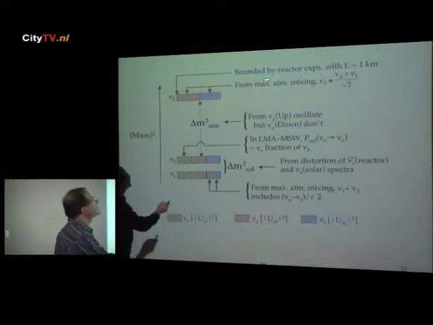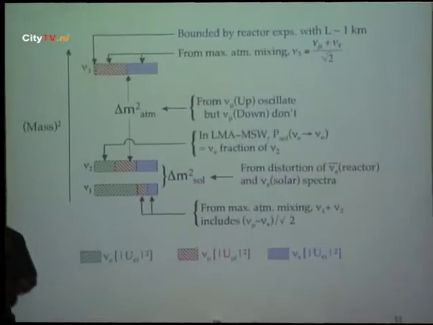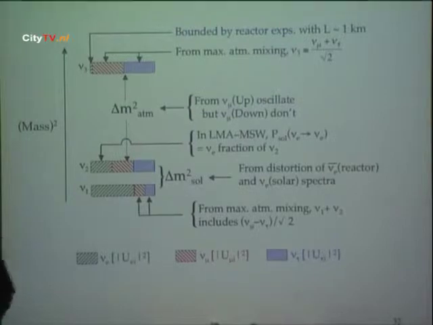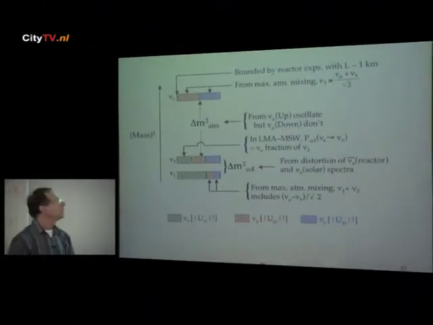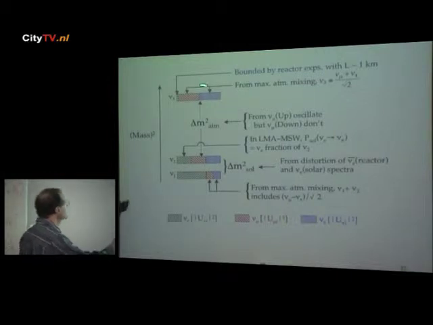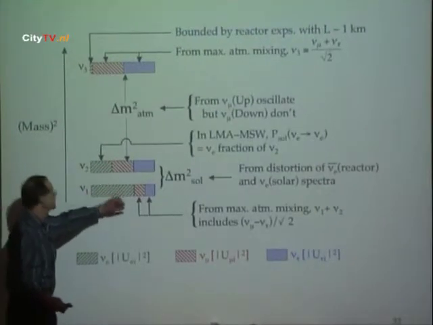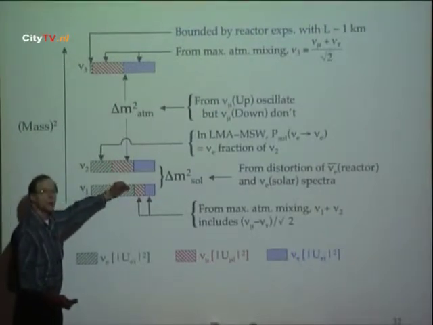Reactor experiments have been done, some of them, with a detector about 1 kilometer from the reactor. Now, the energy of neutrinos coming out of a reactor is about 3 MeV. That results in an L over E, which makes the experiment sensitive to this big gap, but insensitive to this little one, so it thinks these 2 neutrinos are 1 neutrino.